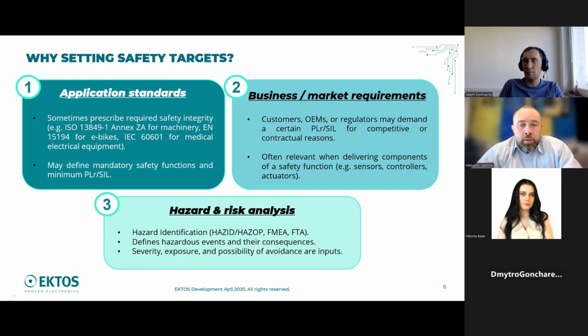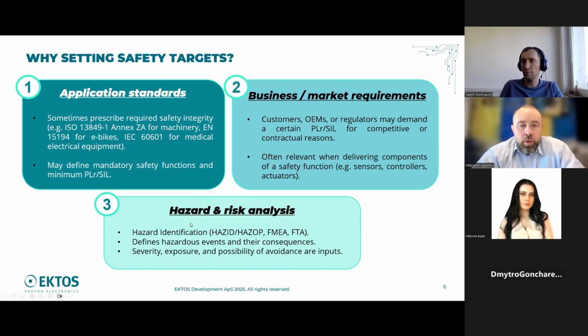And of course it's very important that we also consider the relevance of those requirements, because they must be relevant for the safety functions. To put it short, we need to analyze it pretty carefully so we're not overcomplicating things.